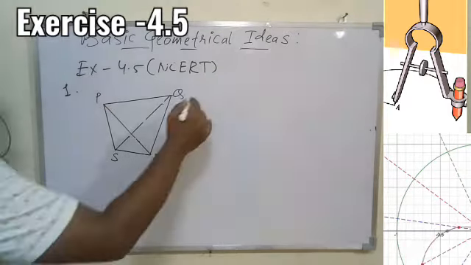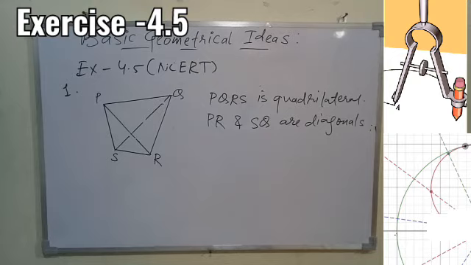PQRS is the quadrilateral according to the question given to us. Then we are getting the two different diagonals. The diagonal name can be given PR or RP, QS or SQ, any one. So we can write down PR and SQ are diagonals. So this is all the solution I am doing now.